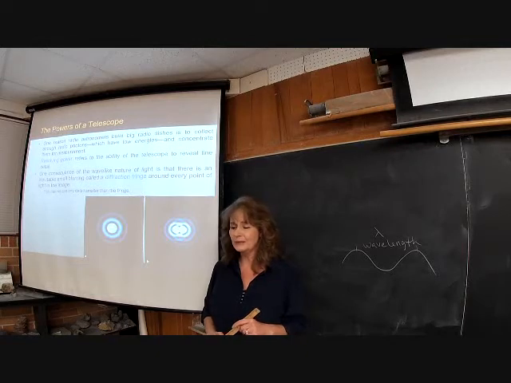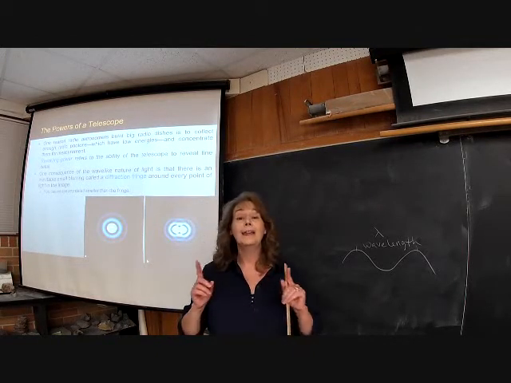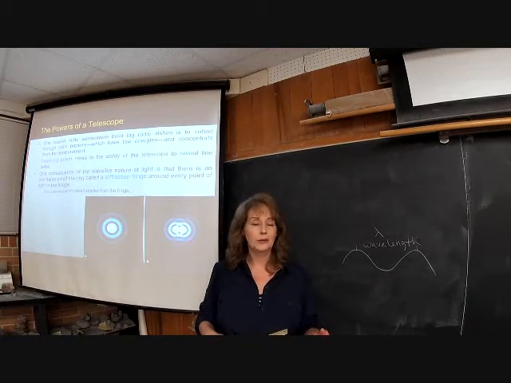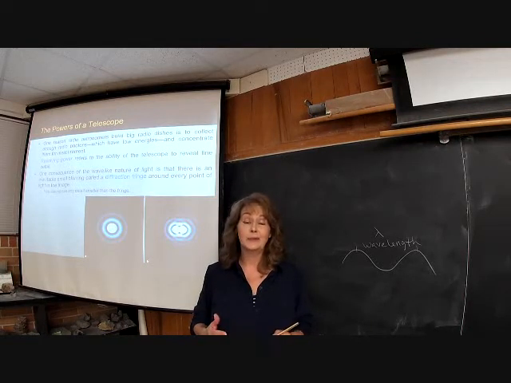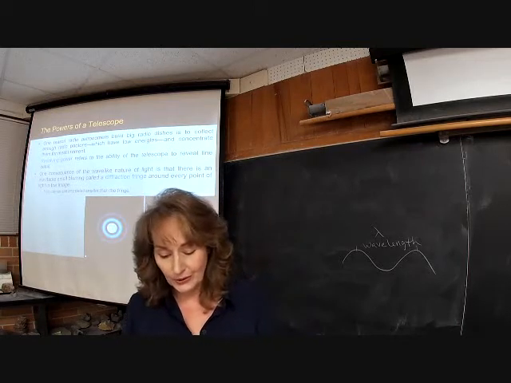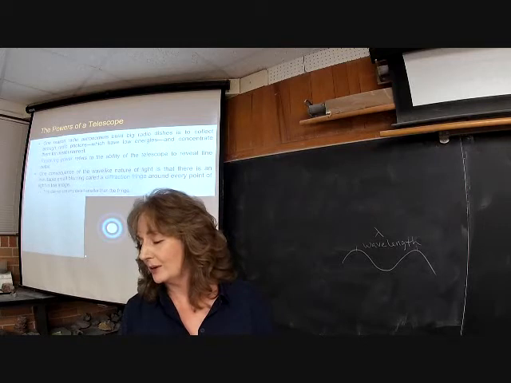So the resolving power is also dependent on the area of your lens or your mirror, if you're using that type. So again, diameter, or area. If you want to improve that resolving power, you need a very large diameter.